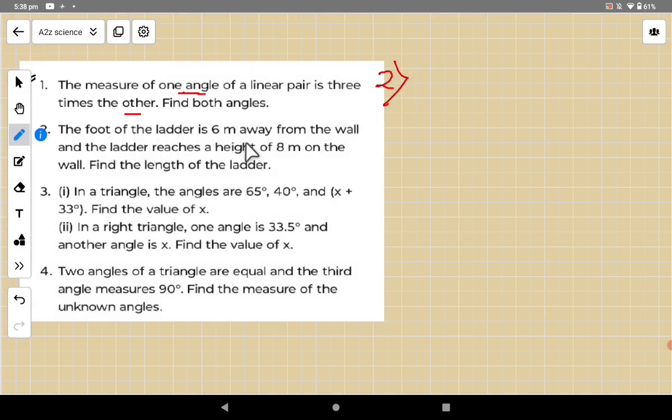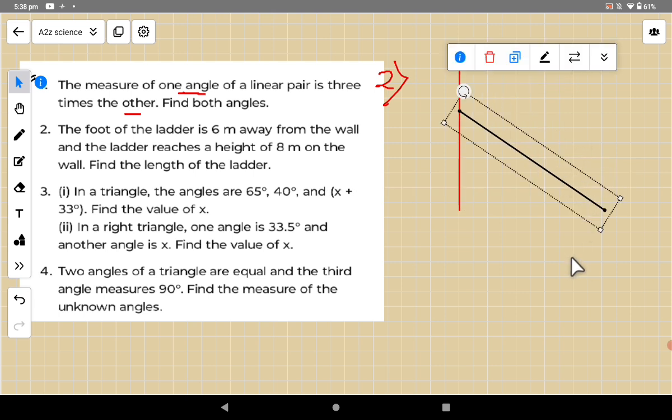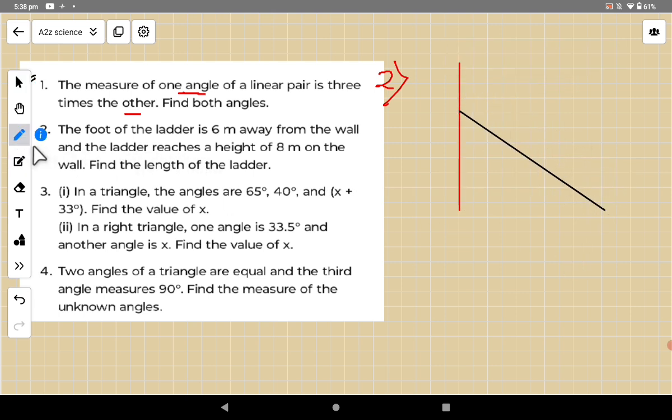The foot of the ladder is 6 meters away from the wall. Consider this is a wall and there is a ladder also. This is the ladder. Now, according to the question, the foot of the ladder is 6 meters away from the wall.